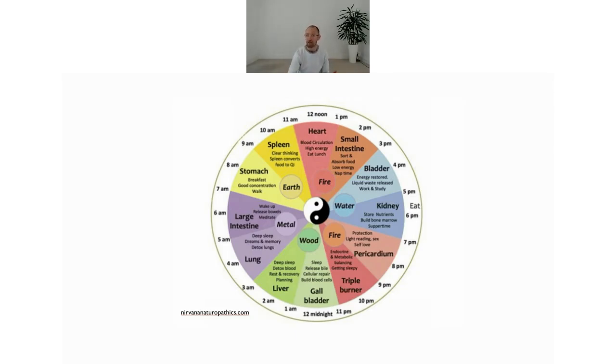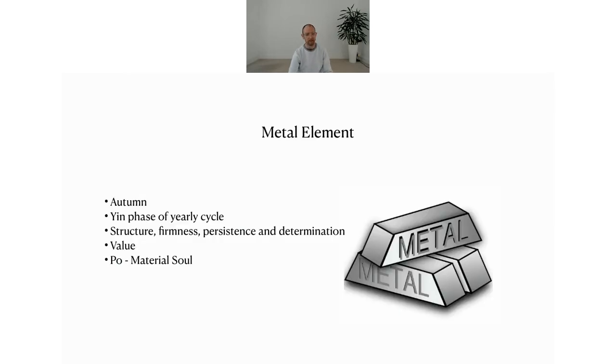Now, it's not autumn, which is the metal element. But this is what we start with, especially in the daytime. So it starts at sort of 3 till 5 in the morning with the lung energy. And so if you happen to find yourself awake at that time, then you can always exercise the lungs. And if not, maybe there'll just be some inspiration for you, which is part of the lung energy.